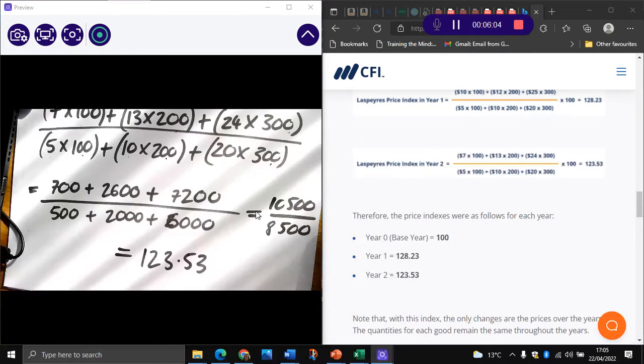Now, what's the difference? The difference is that it's looking at the quantities of an earlier year. Okay, so it's a little bit unreliable because the actual cost of living to people might be worse, might be better, because they might be buying less of a certain thing, or there might be less demand. You know, that they mightn't be buying it in the same quantities.